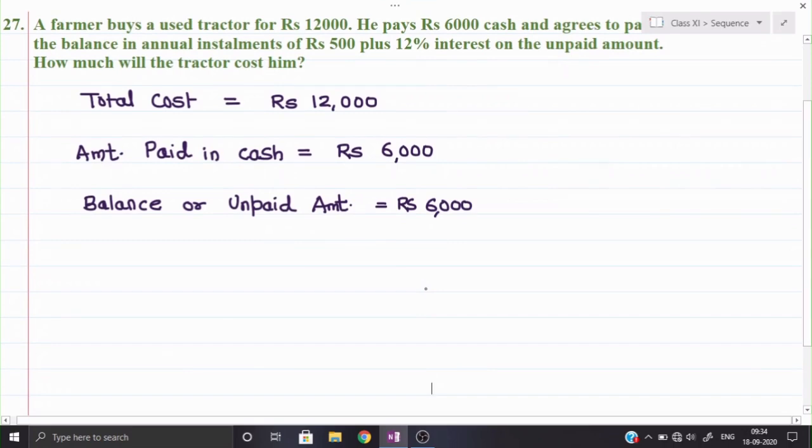Now what he's saying, I will pay the remaining or the unpaid amount in the annual installment 500 rupees plus the interest on the unpaid amount. So we can say that amount on each installment, means each and every installment how much he is going to pay.